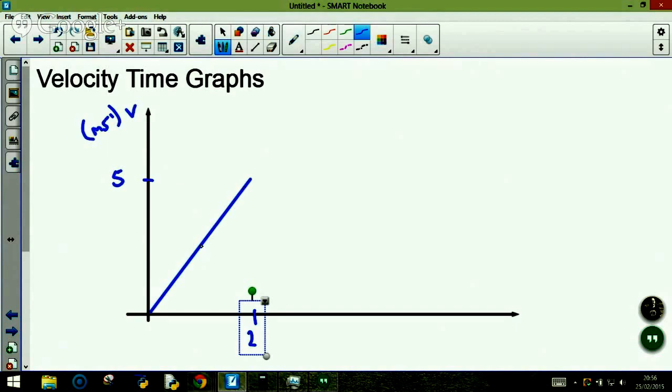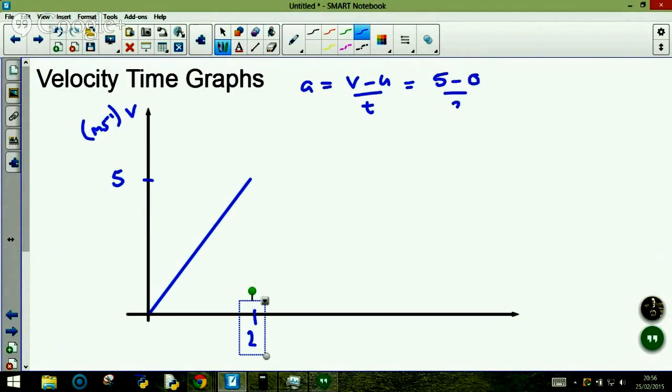So the acceleration in this time is the change in speed. Remember this one? The acceleration is the change in the velocity over time. So 5 minus 0 over 2, so 2.5 meters per second squared. So that's what happens if you've got something accelerating.